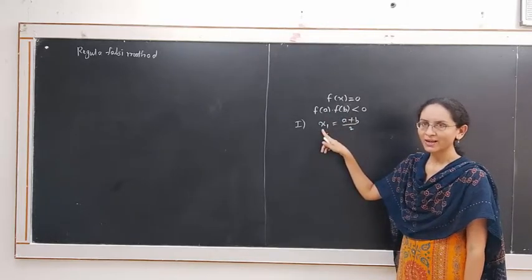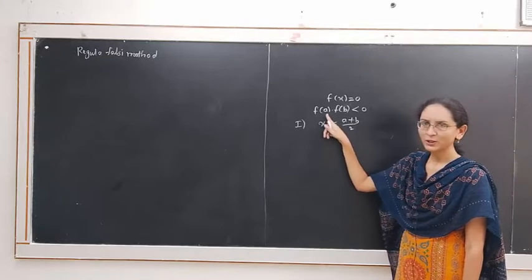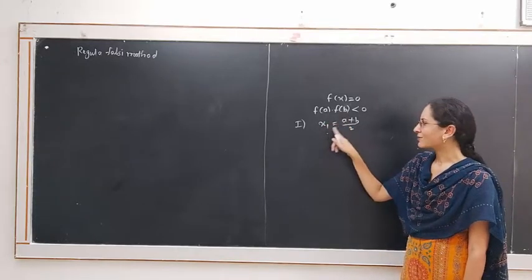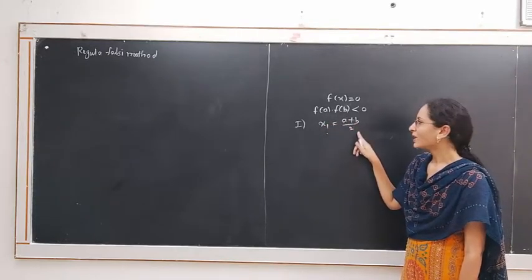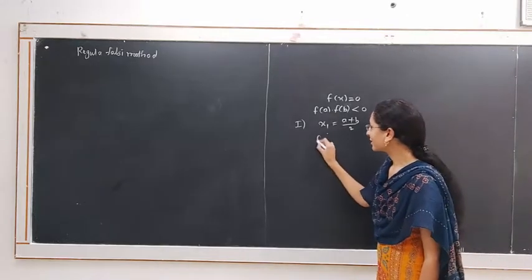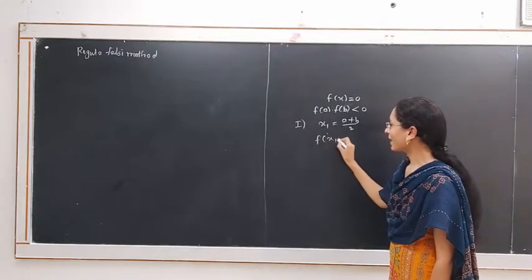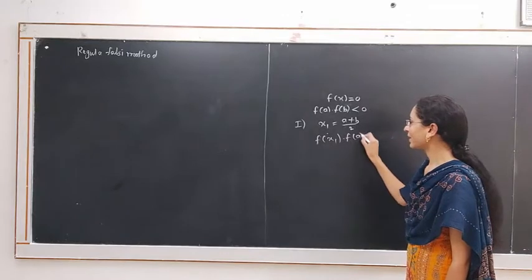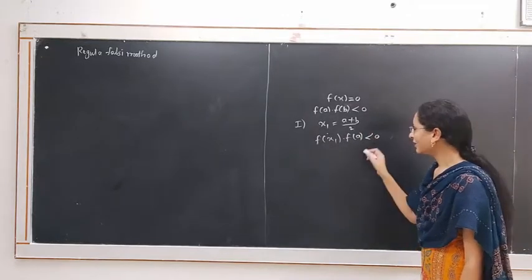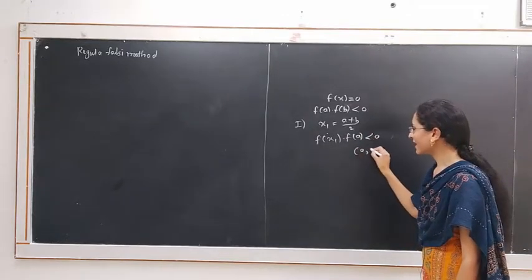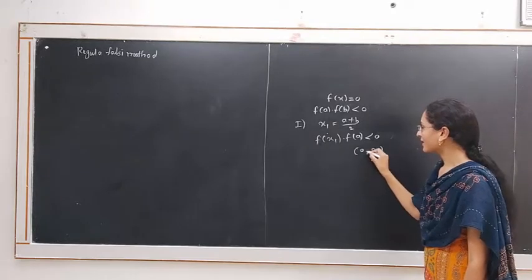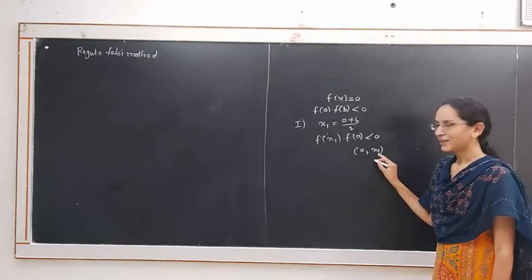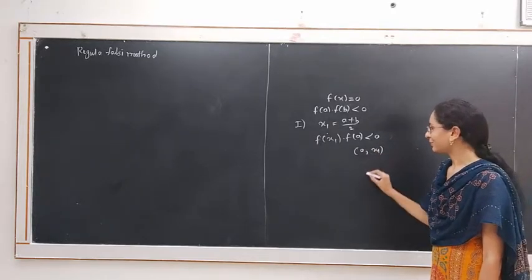In the first iteration of the bisection method, x1 is the midpoint of the interval ab, and x1 is (a + b)/2. Then we check the sign of f(x1) times f(a). If this sign is negative, then the root will lie in the interval a to x1. In this case, we take b = x1.